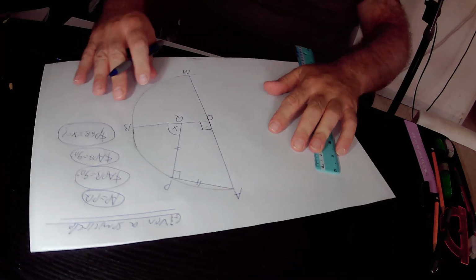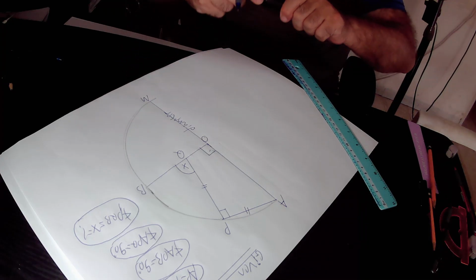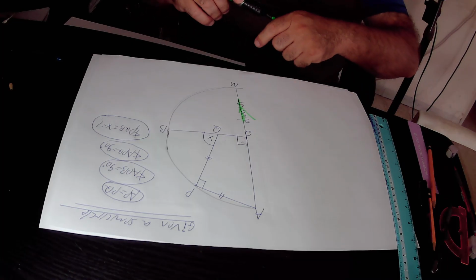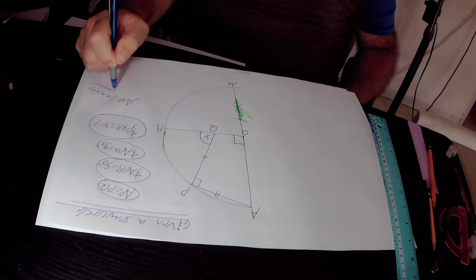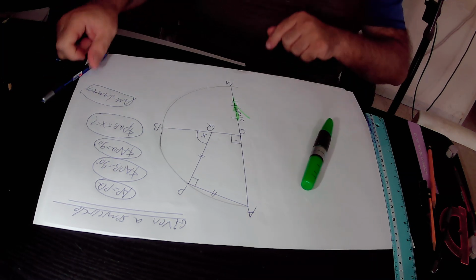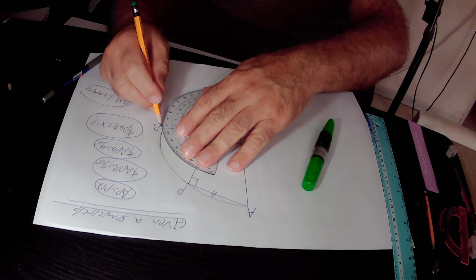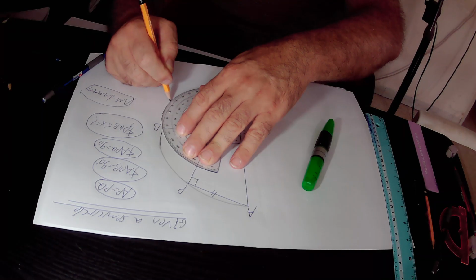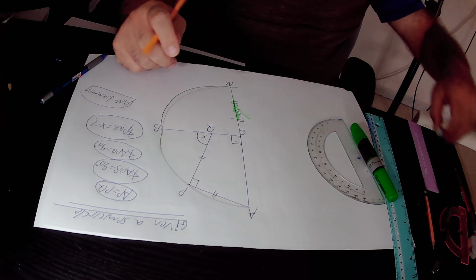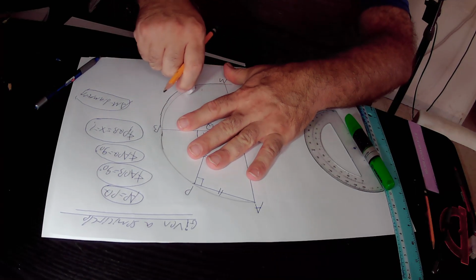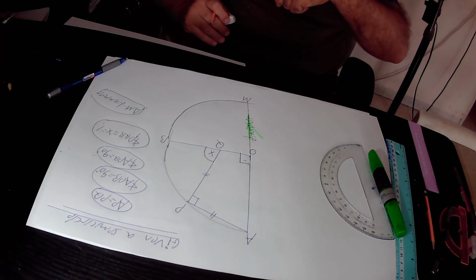So I write down AM is the diameter of this semicircle according to our construction.